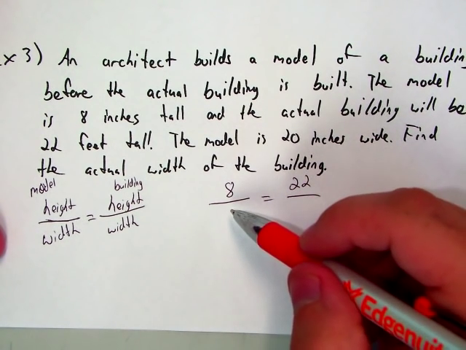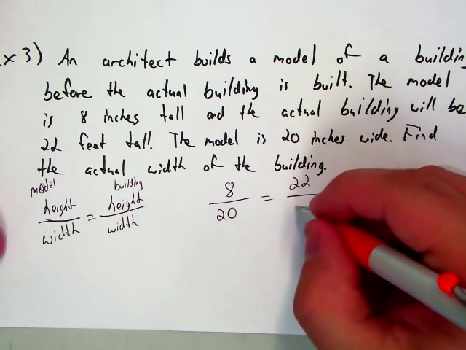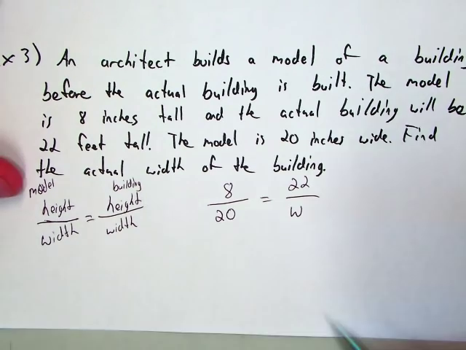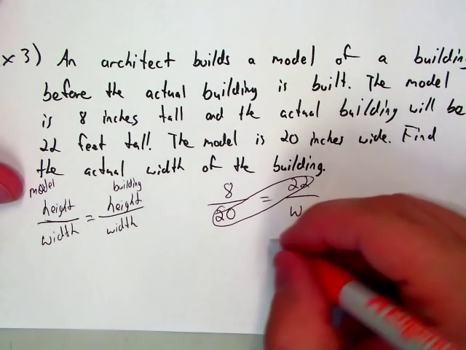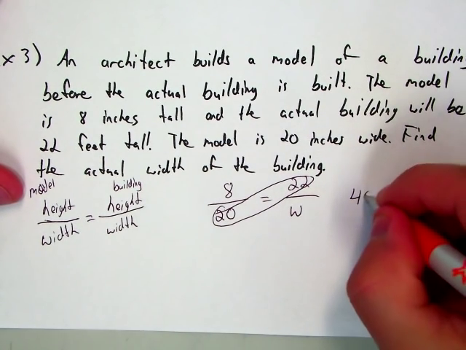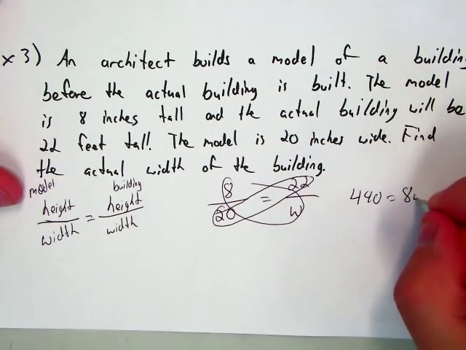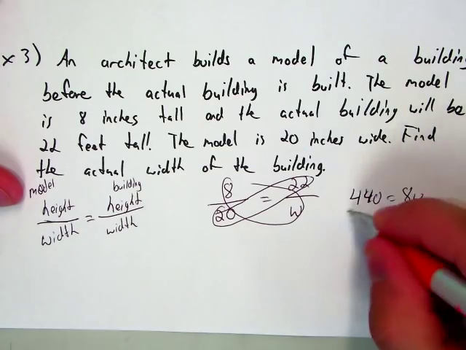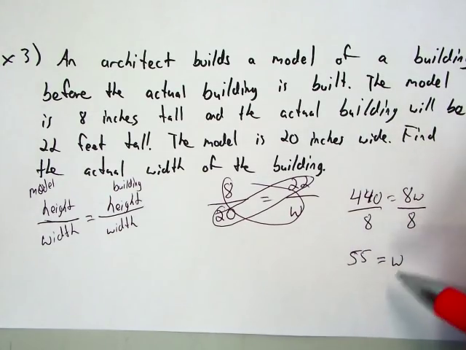It says the model is 20 inches wide, so we're going to put the width of the model here, and this is what I'm still looking for, the width of the building. So I will do cross products here. So 20 times 22 is 440, and 8 times W is 8W. To get W all by itself, I divide both sides by 8, and I would see that W is 55, which means that the building will be 55 feet wide.